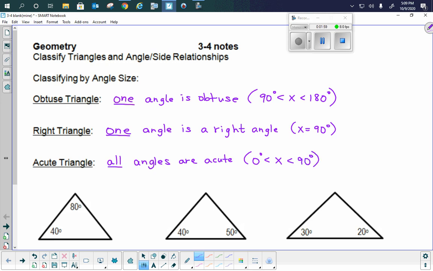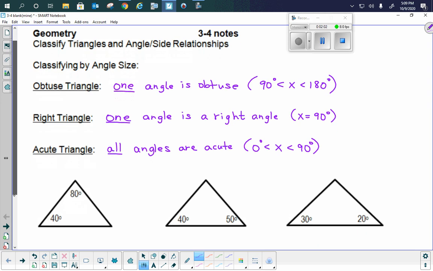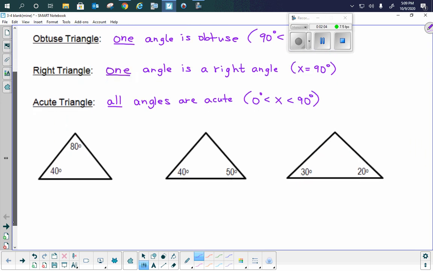Okay. All right, so let's say we were given these three triangles and the directions just said, classify them. In other words, tell me what they are: obtuse, right, or acute. Well, the first thing I should see for work in your picture is, anytime you're given 2 out of 3 angles in a triangle, I hope your first instinct is to either get on your calculator or the side of your scratch paper and find that other angle. So here I've got 40 plus 80, and I know that in a triangle those 3 angles add up to 180.